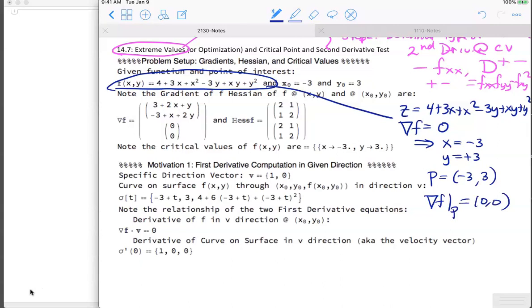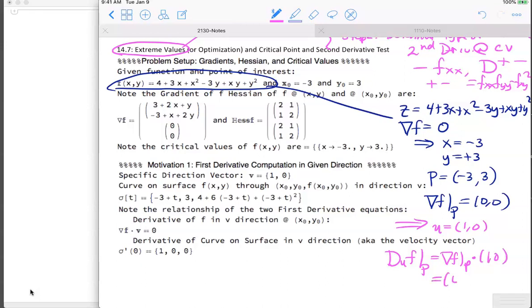What that says is that for any direction u that you pick, for example the direction 1, 0, the x direction, if you were to find the derivative of the function in that direction at that point, you would get the gradient of the function at P dotted with the direction vector 1, 0.